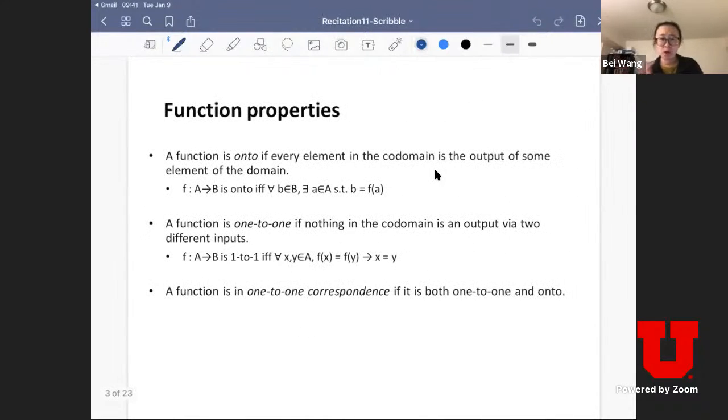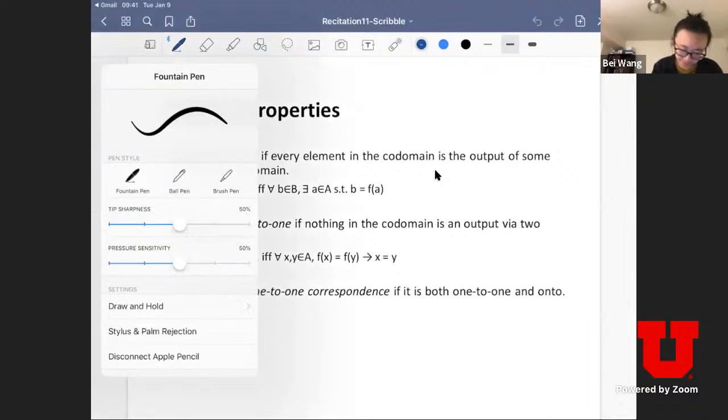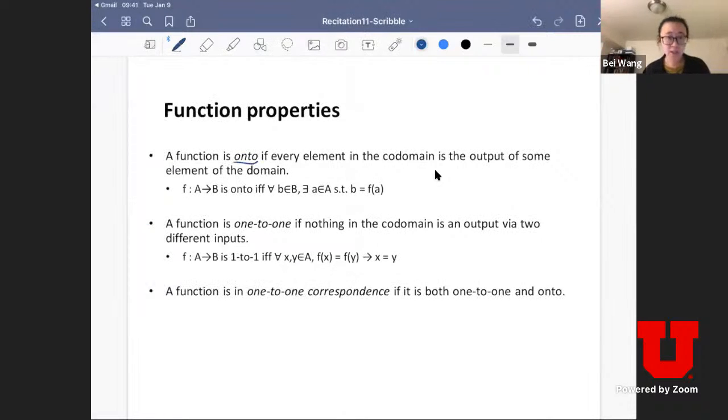Okay, so let's record some of the properties related to functions and relations. I know it sounded a little bit dated when we first learned this, but that's going to be on quiz number 4. Some of those standard definitions: a function is onto if every element in the codomain is the output of some element in the domain.